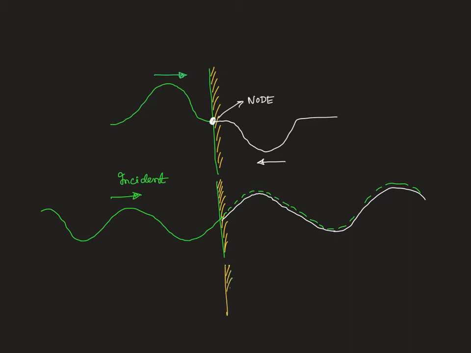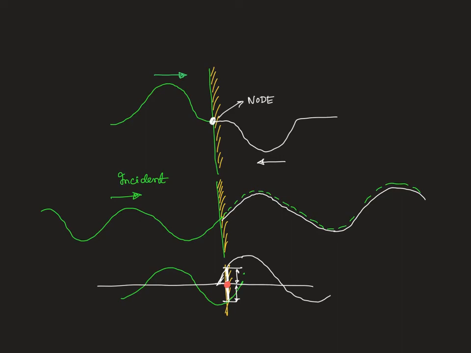Because we want this condition to happen. When this goes this way, then comes the reflected wave. So see here, from this horizontal line, this value down is equal to this value, so they will superpose to give 0 displacement at this point, 0 displacement at the node.